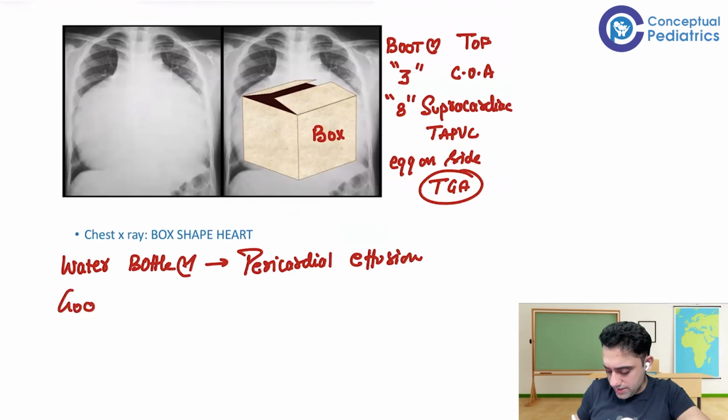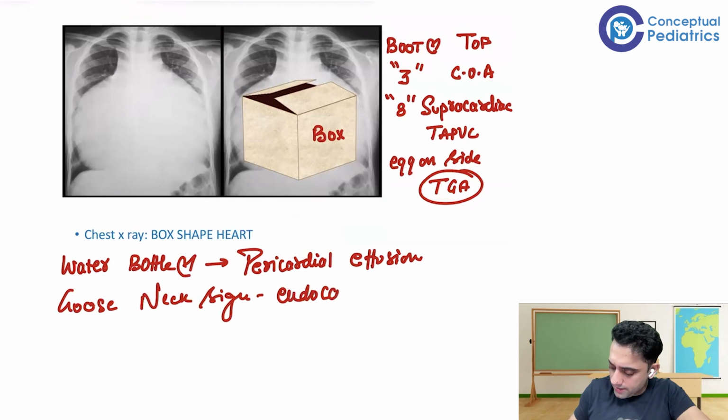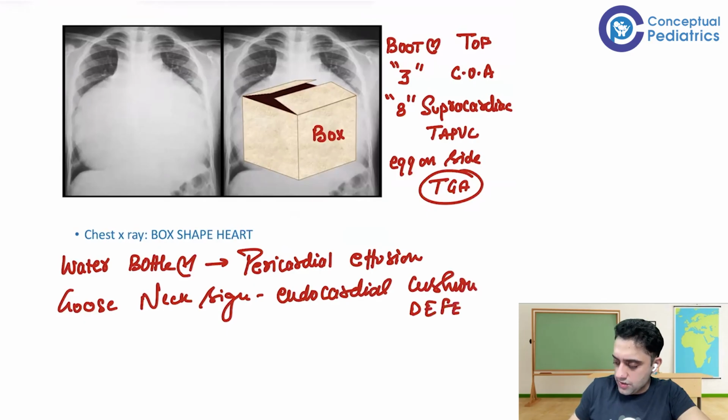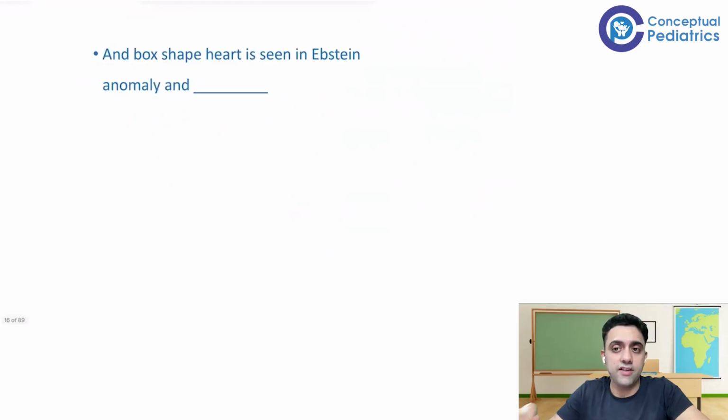Where do you see the goose neck sign? You see the goose neck sign in endocardial cushion defect. These are the important points to appreciate for exam purposes, which they can ask in the exams.